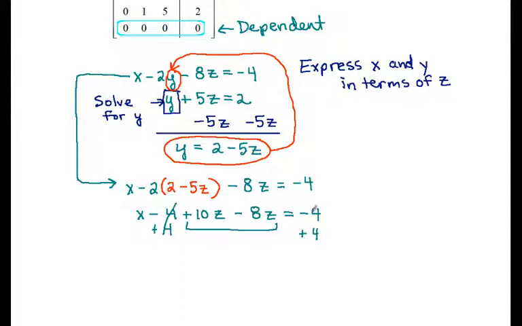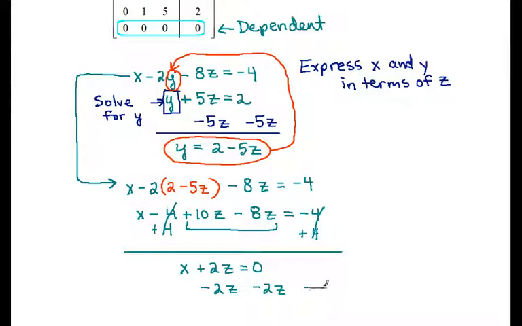It just happens to drop both of those terms out in this particular case. I can see that I get x plus 2z equals 0, and so subtracting 2z from both sides gets me that x is equal to -2z.